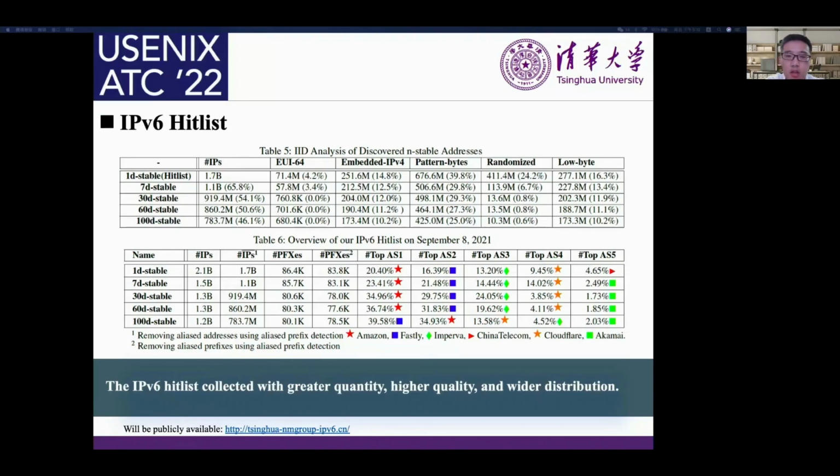Besides, we found that long-term active addresses are more than 46%, compared with temporarily active client addresses. Long-term active addresses are more meaningful for detection. So the IPv6 hitlist we collected has greater quantity, higher quality, and wider distribution.